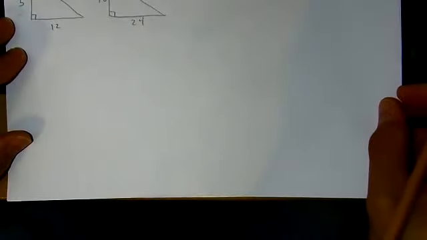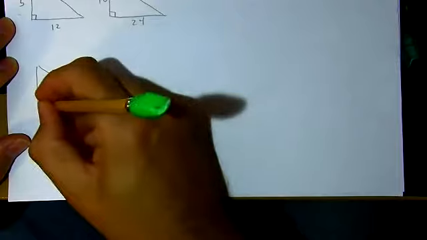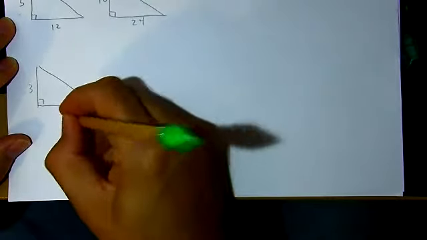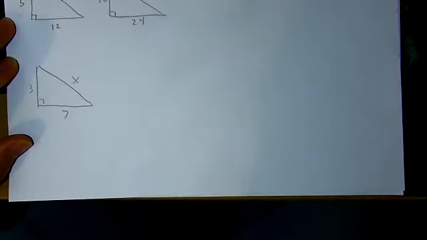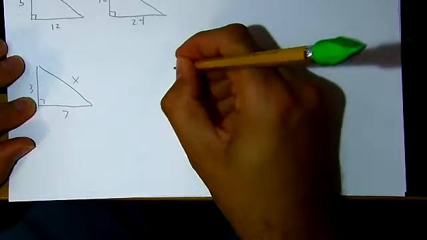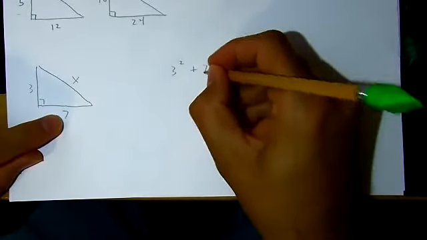Now, not every question is going to come out perfectly even. So let's say we had a right triangle that had sides of 3 and 7, and you're missing your hypotenuse. The way you would solve that is you would plug in 3 for either a or b, and then 7 for the other one.